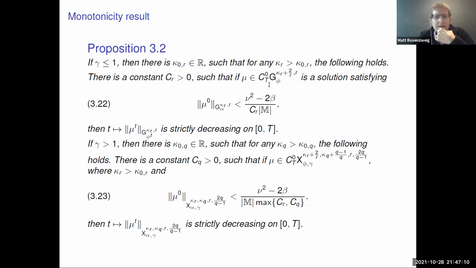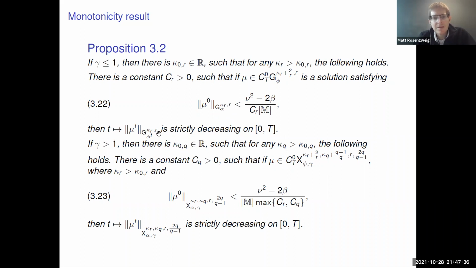So this is the actual rigorous statement of the result. I think I've said the important things, though. In words, again, it becomes more complicated when gamma is larger than 1, but the idea is the same. Here I'm assuming that my solution is in a more regular space, but its initial datum is sufficiently small in a less regular space.